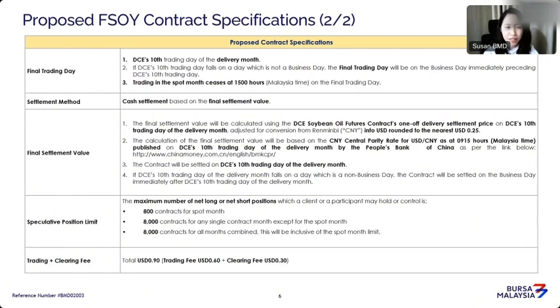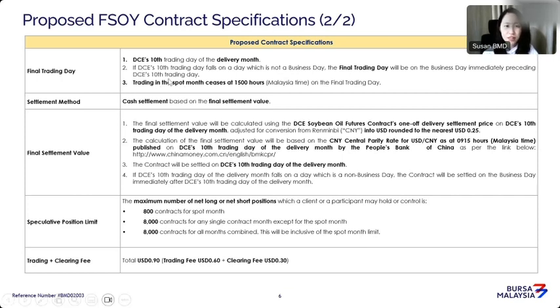But for the FSOY, the final trading day is calculated by the 10th trading day of the DCE's trading calendar, the 10th trading day of the expiry month itself. This is something new in our market.